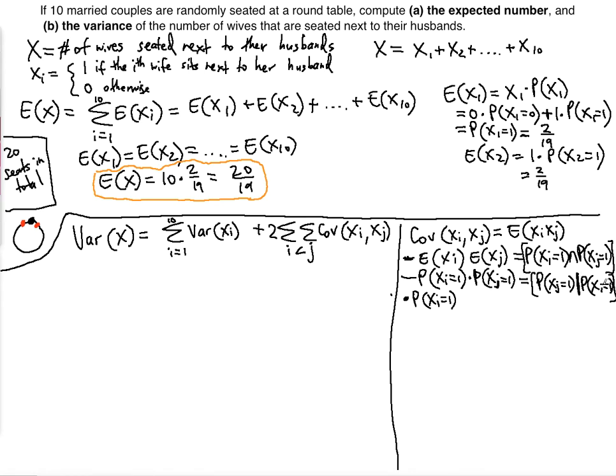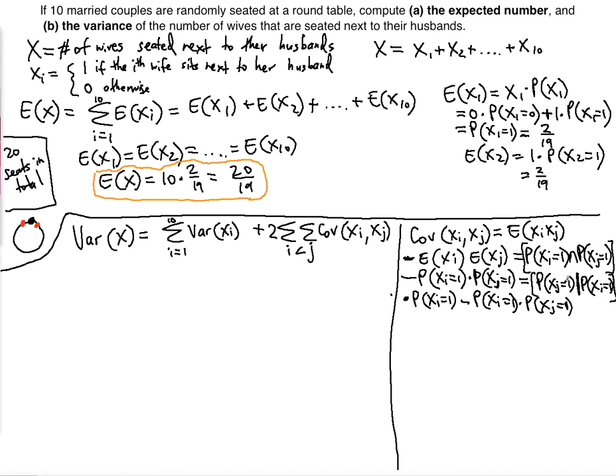Right, and we're placing the conditional on the i first because the ith wife comes before the jth wife, right? If we're talking about the ordering. That's why the conditional is the i first and then the j. Given the i, what about the j after that, right? So, and then minus this part here, the probability of xi is equal to 1 times the probability of xj is equal to 1.